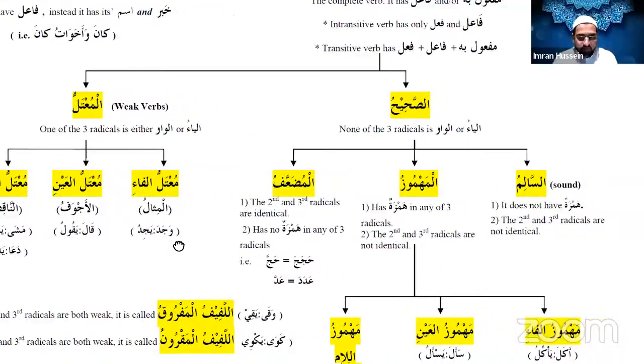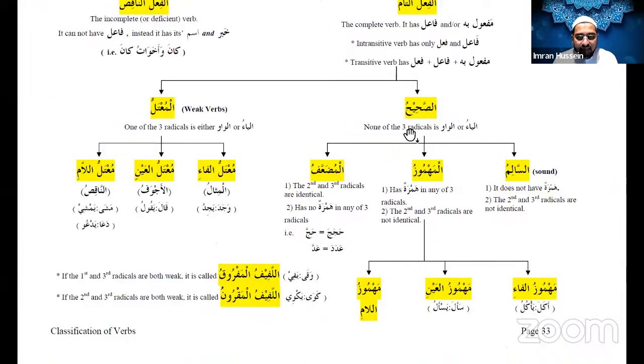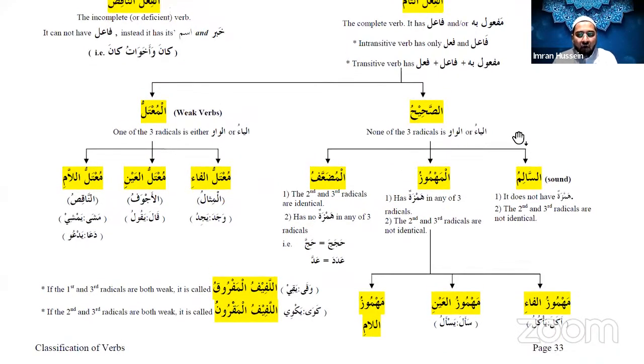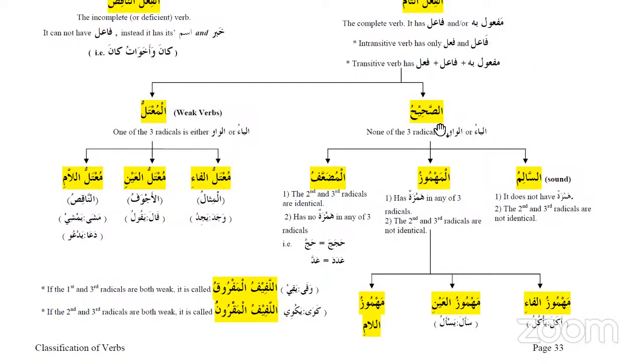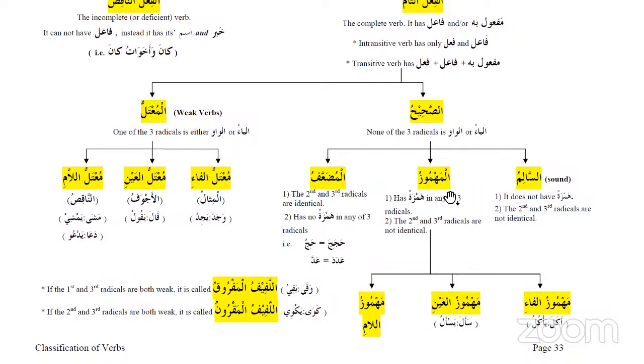Al-mu'tal. Now, as-sahih is the opposite of al-mu'tal. This means that among the three letters of the verb, the fa, ain, lam, none of them is a ya or waw. So as-sahih means a verb which does not have ya or waw.